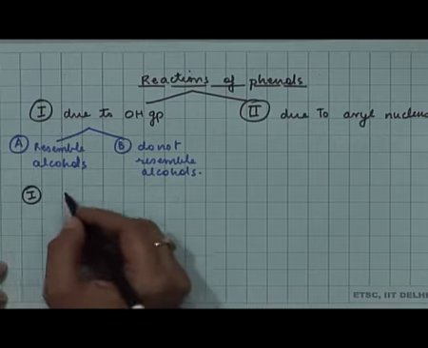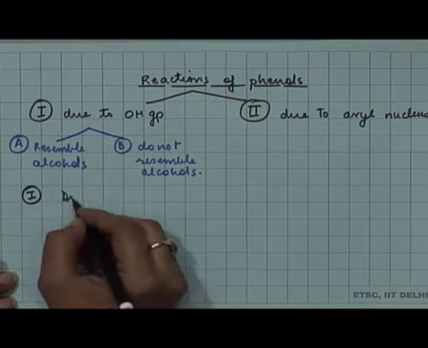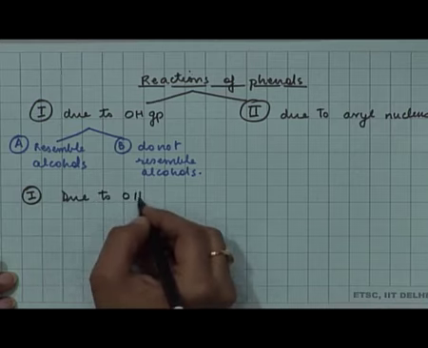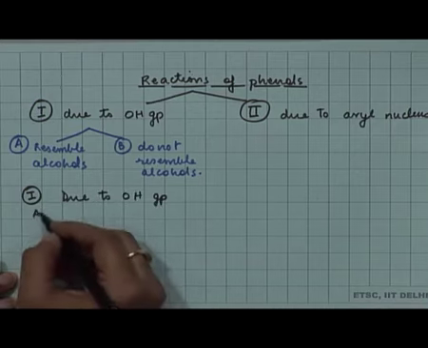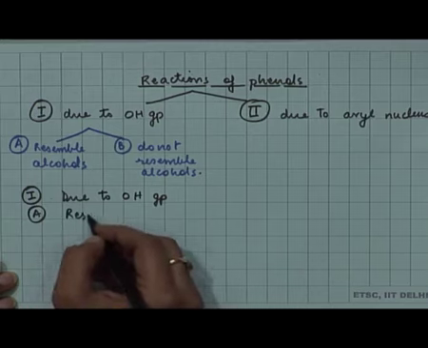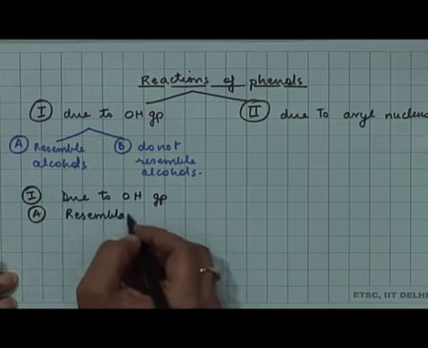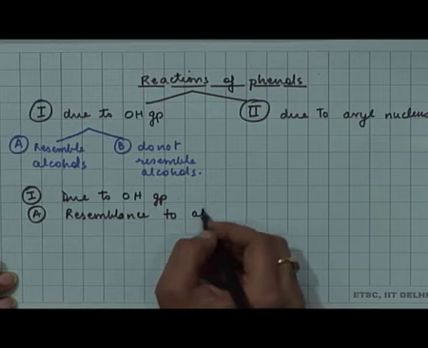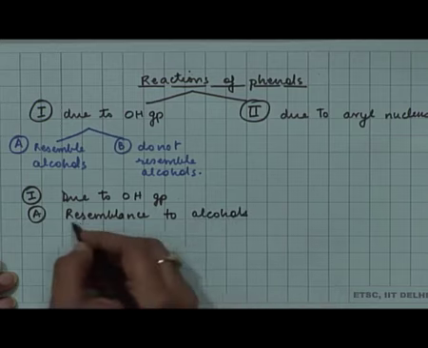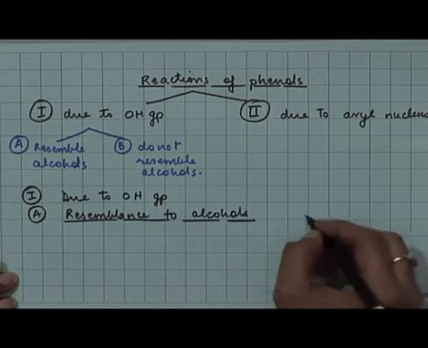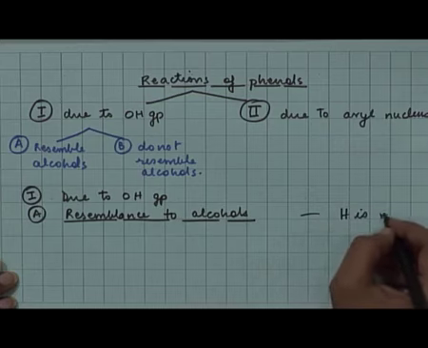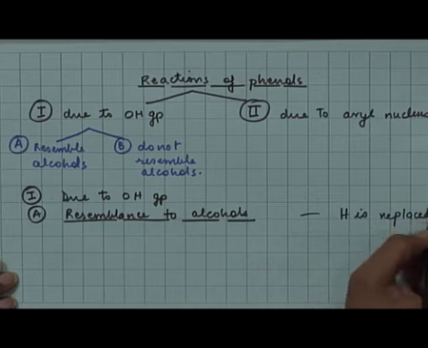I start with the reactions due to the OH group, and in here I take those in which the phenols have a resemblance to alcohols. Let us look at some of those reactions in which first a hydrogen is replaced.